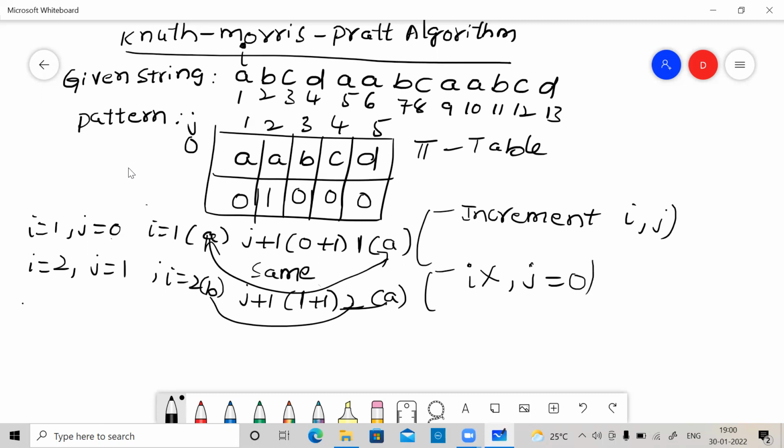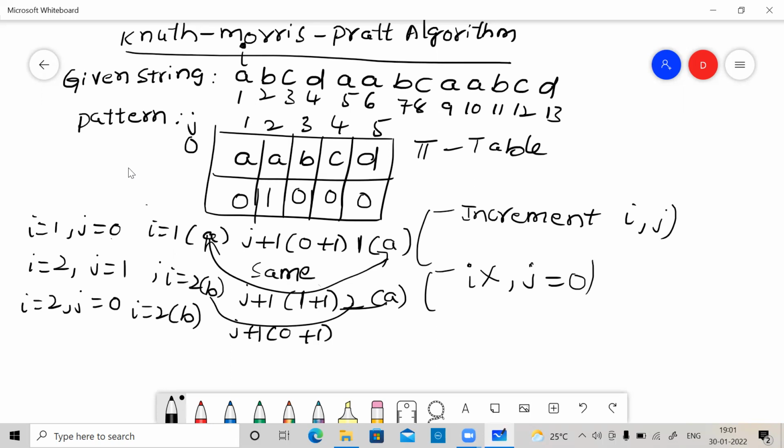Now i is 2, same; the i value you should not increment. Now j is 0. At index 2 of the given string, what is the value? At i equal to 2 it is B. At j plus 1, which is 0 plus 1, at index 1, you have A. Again a mismatch.